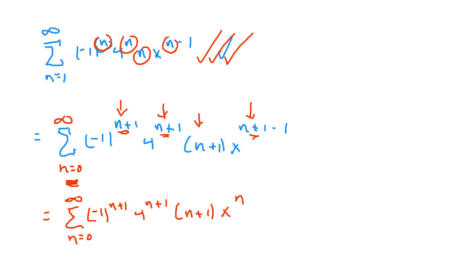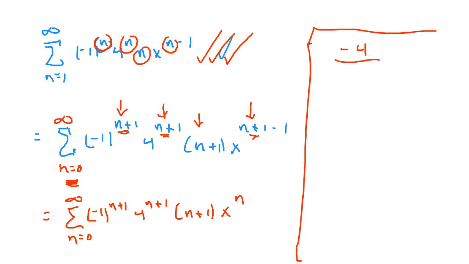So we have now that -4 over 1 plus 4x squared, we've established that that equals this power series.